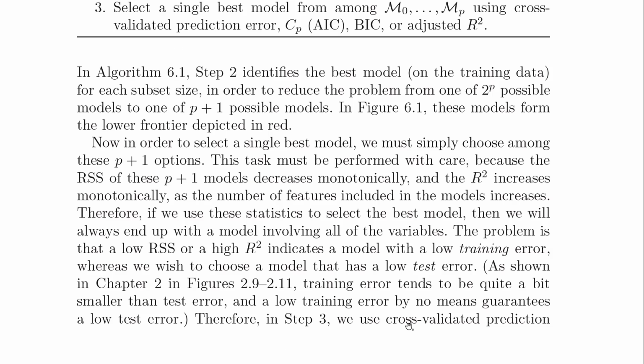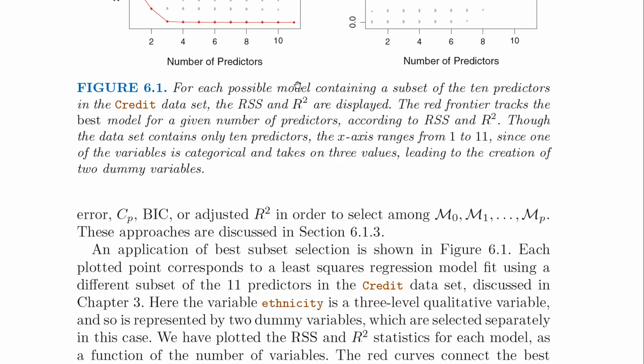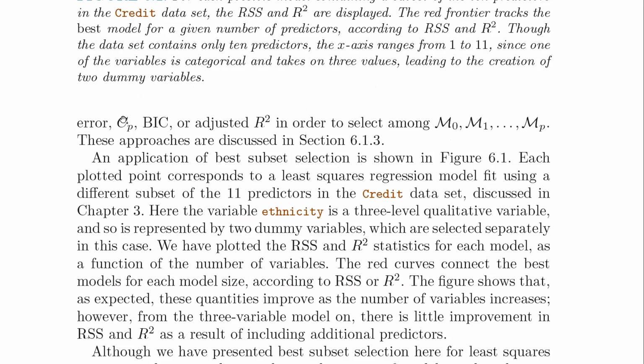Therefore, in step 3, we use cross-validated prediction error, Cp, which I think we had skipped, BIC, which we had skipped, or adjusted R squared, which we had skipped, in order to select among M0 to Mp. These approaches are discussed in section 6.1.3.